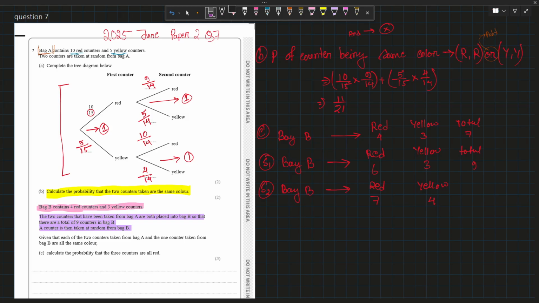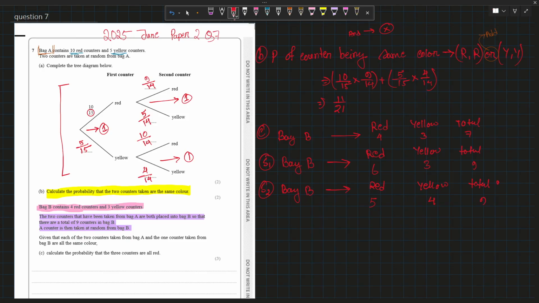Oh, not 7, my bad. It's going to be 5 because our initial number was 4. So if we add 1 red and 1 yellow, it's 5 and 4, which adds up to a total of 9.